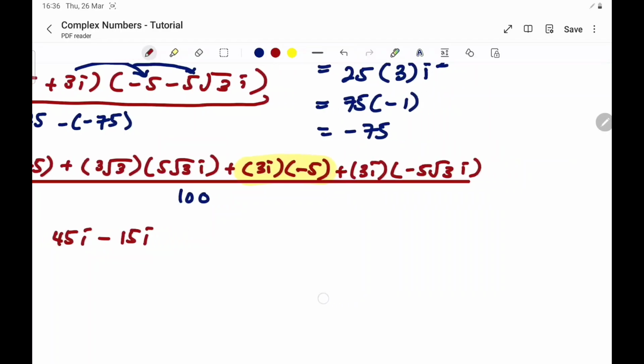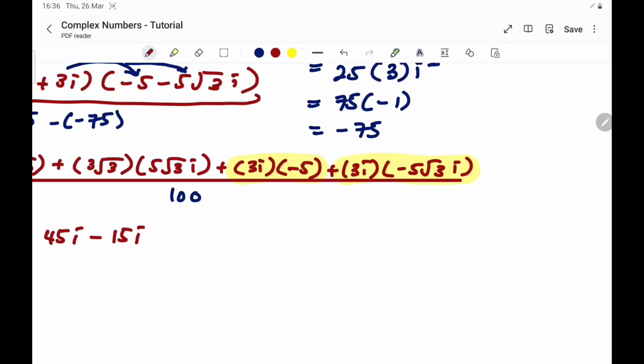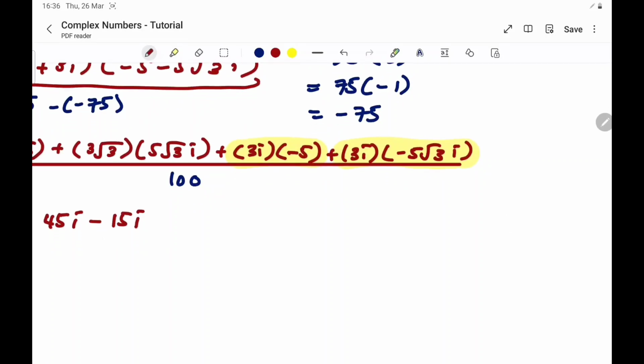And then the next one, 3i multiplied with negative 5, you get negative 15 square root 3.